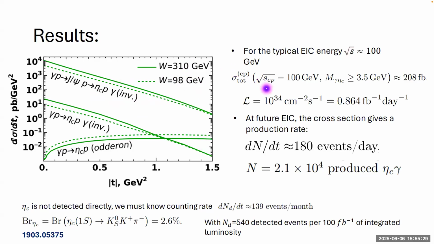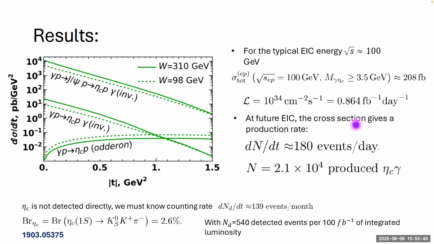So what happened here? In order to predict our result for the Electron-Ion Collider, the measurements at this energy, we found that the sigma total is 208 femtobarns with this instantaneous luminosity.